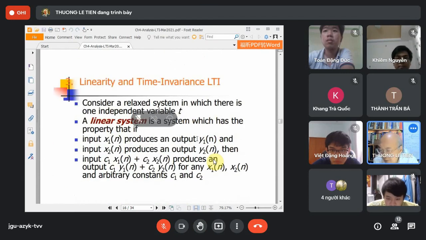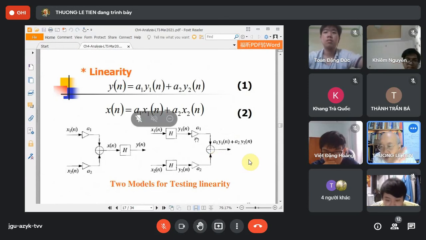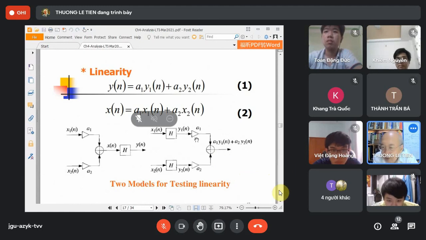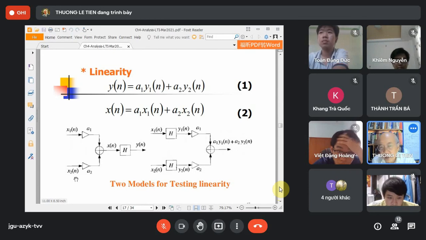Now, linearity, all of you would know. I just let you know the ways we can check the linearity property of a system. If we want to check whether a system is linear or not, we can use two models. Assume we have two input signals, x1 and x2. In the first model, we take the linear combination first, and then pass the signal through the system.